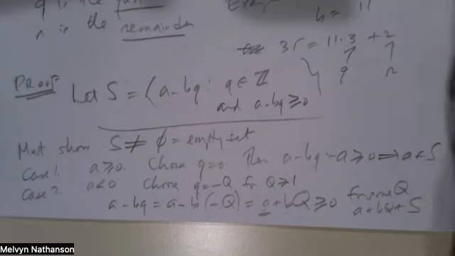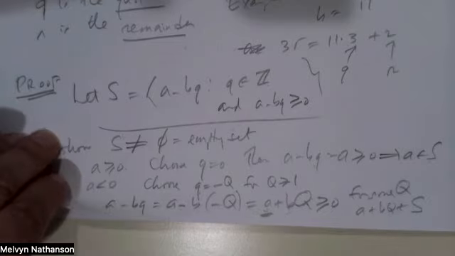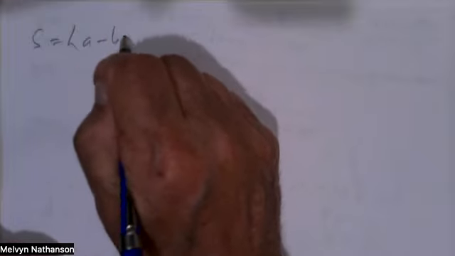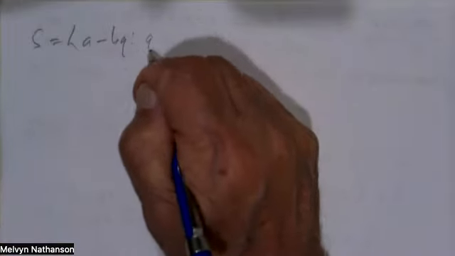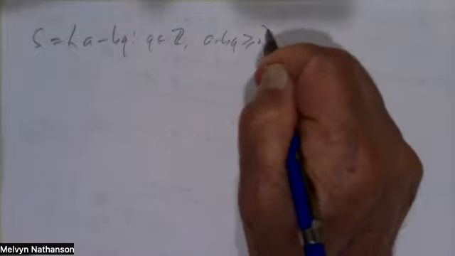So S, let me write down this from the beginning. S, which is everything of the form A minus BQ, Q an integer, A minus BQ greater than or equal to 0, is not the empty set.